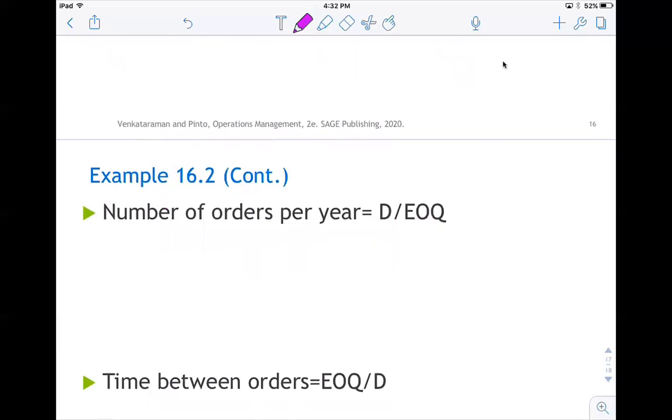Okay, so now since we know our EOQ, we can calculate number of orders per year, and that is 1,700 divided by 121. And if you do the math, it should be 140.5. Well, of course, you can round this up or down, but I will round this up.